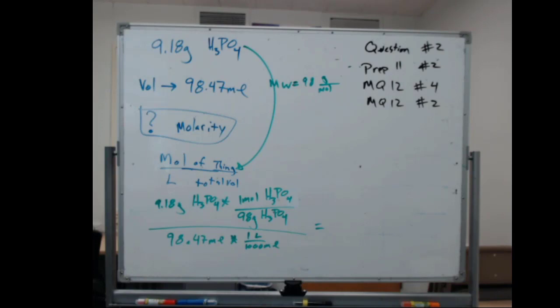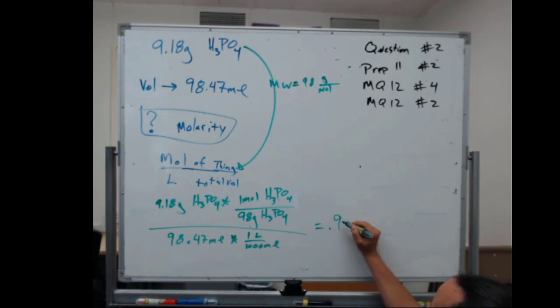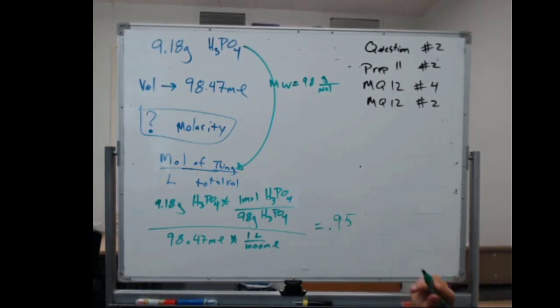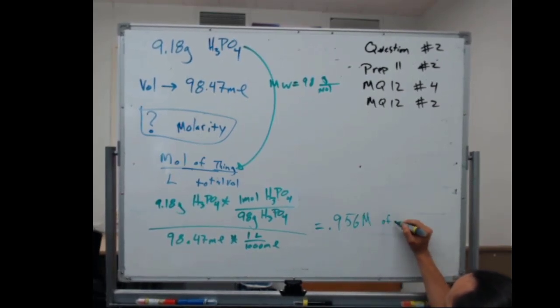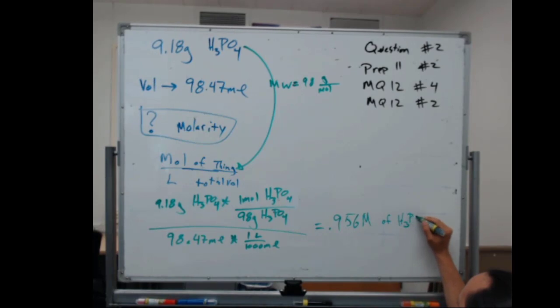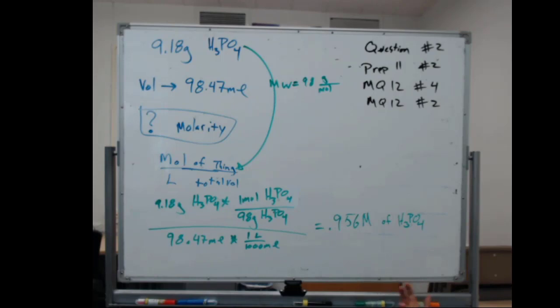And I just realized that this is going to be 0.95. So if I didn't mess anything up, that's going to be 0.956 molarity of H3PO4 in the solution.